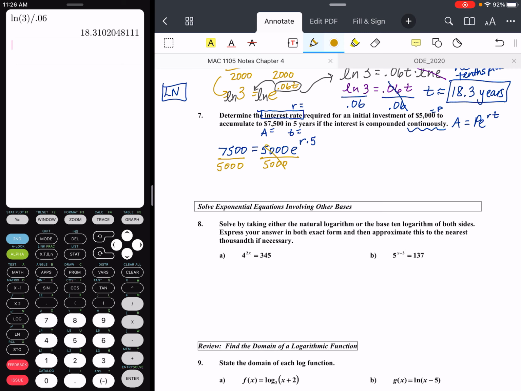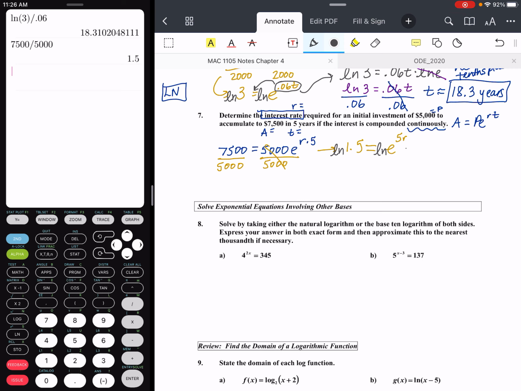Okay, and if you're not sure, 7,500 divided by 5,000 gives you 1.5. So I'm going to rewrite this as 1.5 equals our base e raised to the power R times 5. I'm just going to make it a little prettier and write it as 5 times R. Now that that base e is isolated, I'm going to take the natural log of both sides.